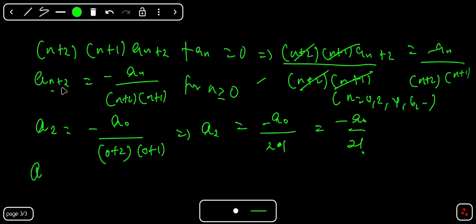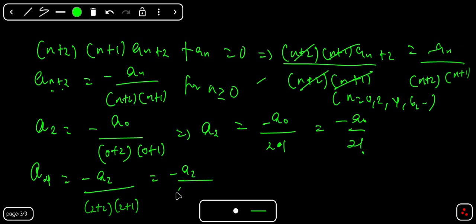That will be 2 plus 2, that's 4. We have a4 is equal to minus a2, then over 2 plus 2 multiplied by 2 plus 1. So this will be minus a2, then over 2 plus 2 is 4, then multiply by 2 plus 1 is 3. Now, don't forget that a2 is minus a0 over 2 factorial.